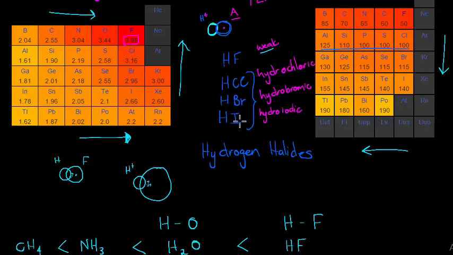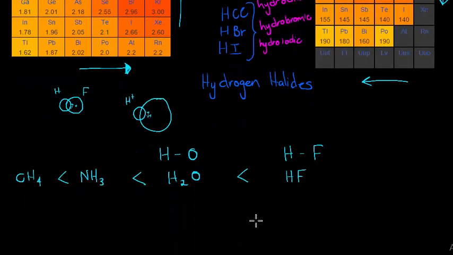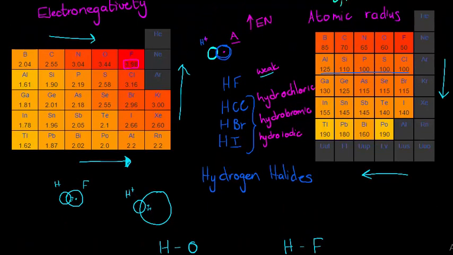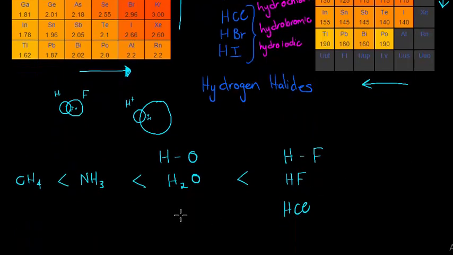Okay, we can do the same with these next ones. So if we look at hydrochloric acid and hydrogen and sulfur, H2S, we see once again that sulfur would be a weaker acid.